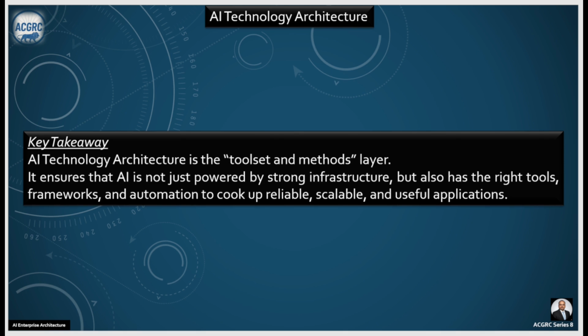And when more guests arrive, extra kitchen staff help scale operations, just like Kubernetes or Ray scales up the AI workload. So with the right tools and methods, AI can reliably serve up value at scale.